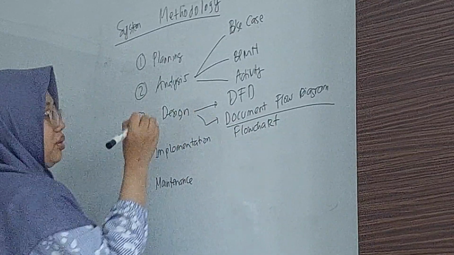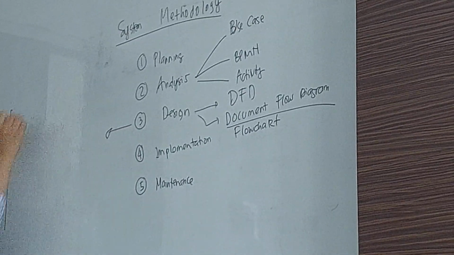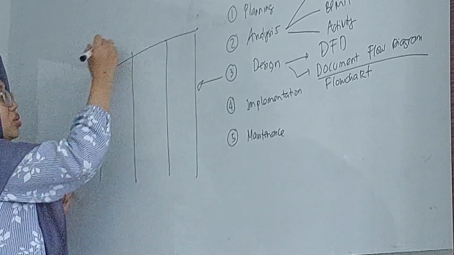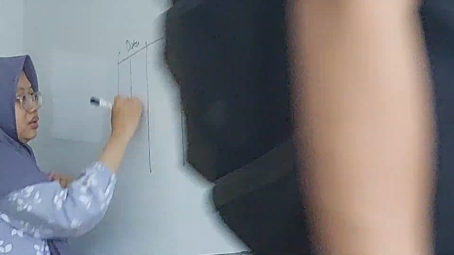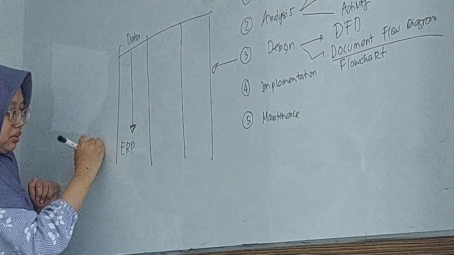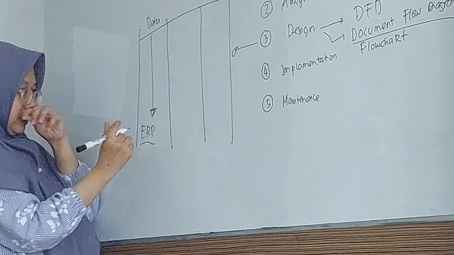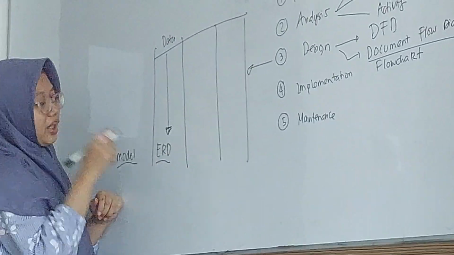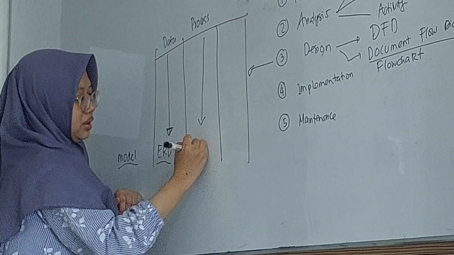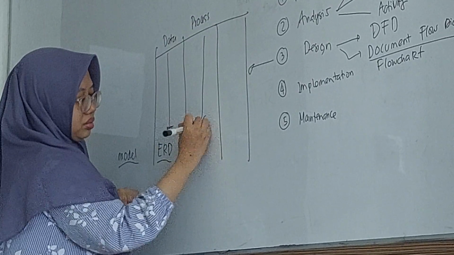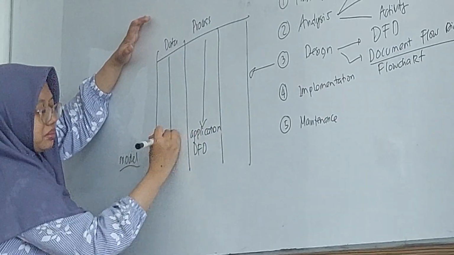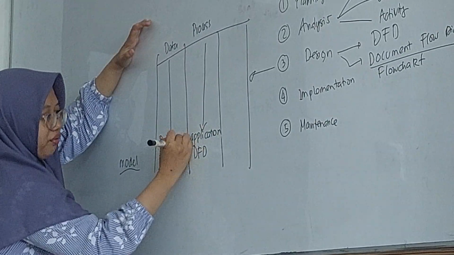And then for the design, we must know about the architecture of the information system. So we have data, we have code. Data, we must have a database.